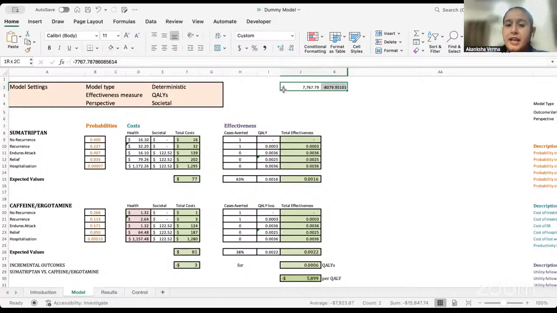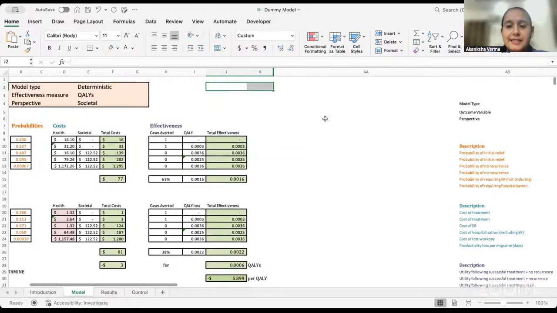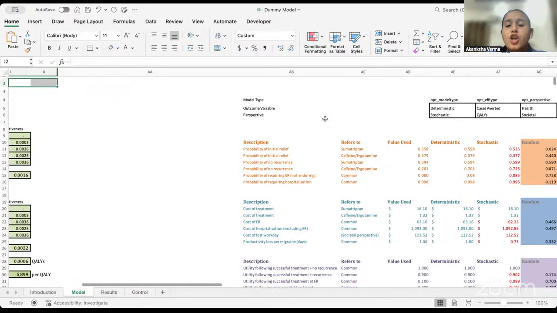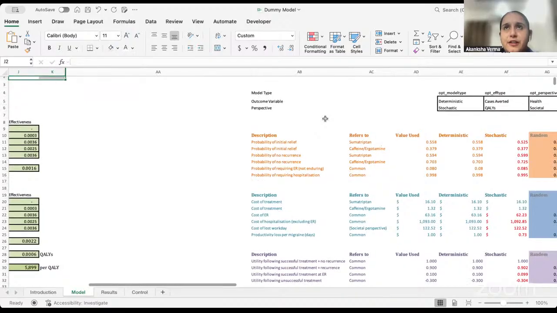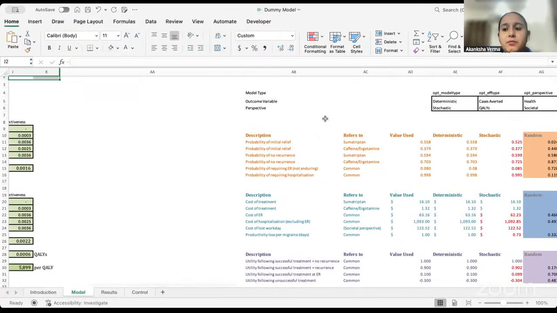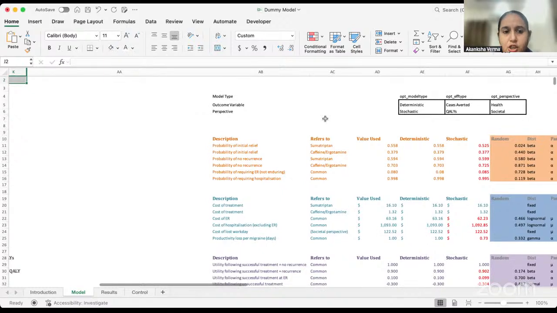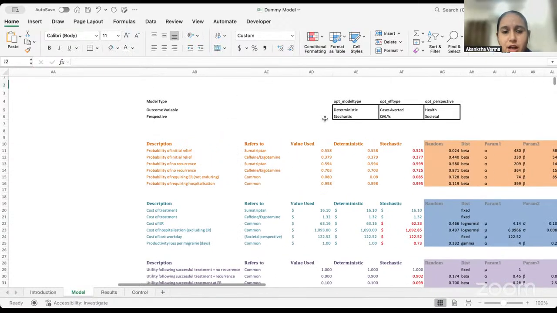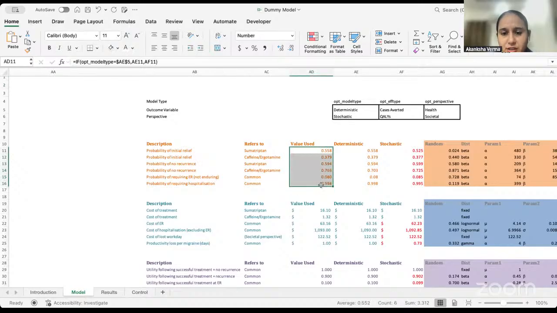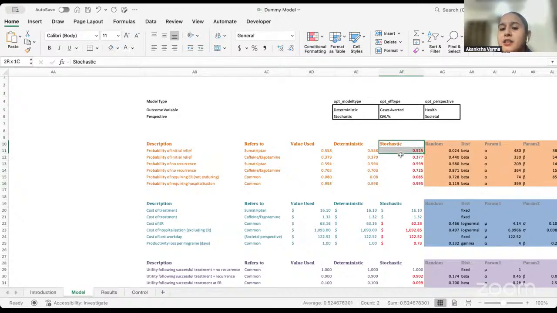Hope it is clear. Now comes the probabilistic sensitivity analysis. For PSA, you first have to determine the distribution. On the right side, these are the base case values, and here the stochastic values are the ones going into the PSA model.